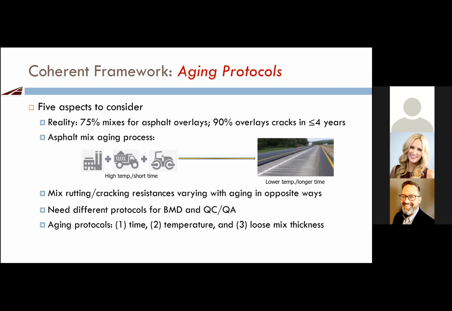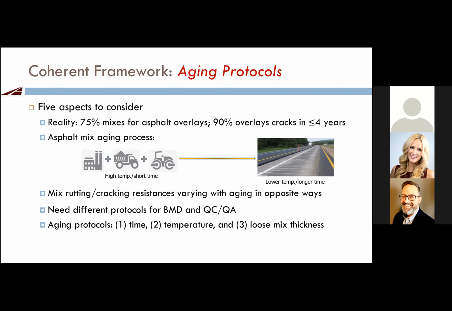And how can we age our mix? Because aging really closely ties with the performance acceptance criteria. Without a specific aging protocol, I can say we can easily pass any criteria. For example, if I want to pass my rutting test, I cook my mix in the oven a longer time for rutting.